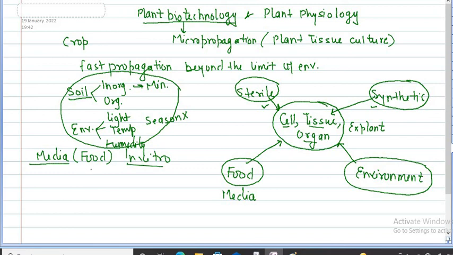So in the food, we use different minerals like micronutrients and macronutrients in the form of their salts, like ammonium nitrate, potassium nitrate, calcium chloride, magnesium sulfate, and so on, ferrous sulfate, EDTA.